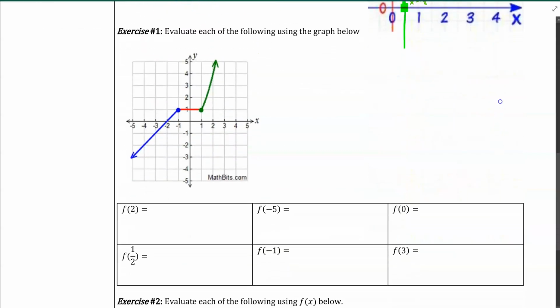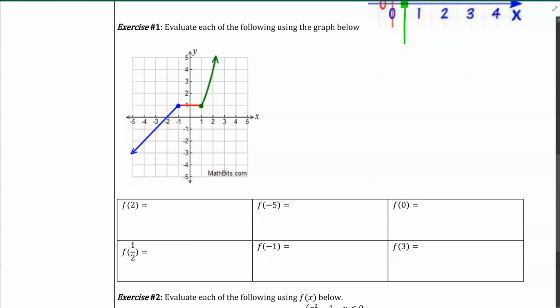So let's go ahead and talk about exercise 1. Here I've provided you with a graph, and I'm asking you to evaluate based on the graph. So first of all, we'll do f of 2. So our x value is 2. So when x is 2, we can see that the graph has a y value of 4.